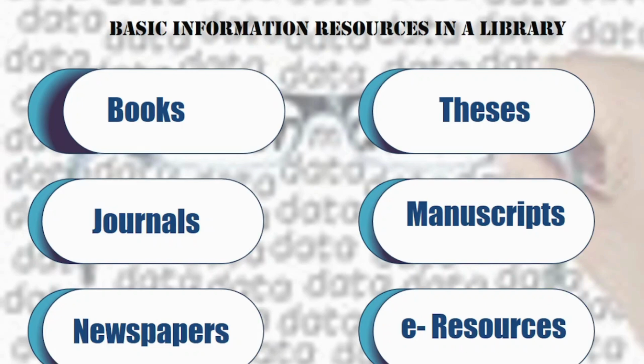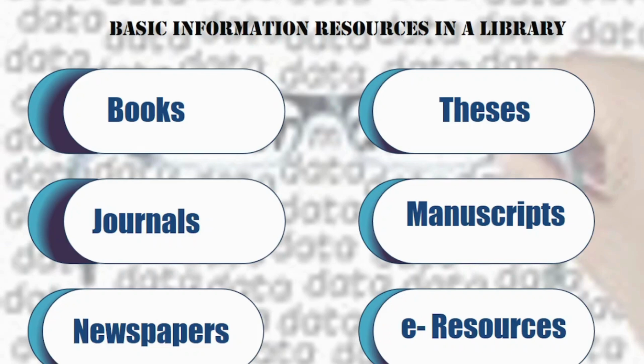The second one is journals. A journal is a periodical, and it provides the latest information on a topic. There should be a periodicity, that means at a specific interval a new issue of the journal will be published.